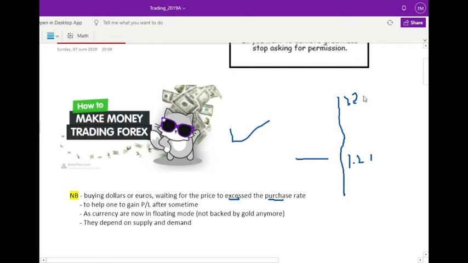When someone says I'm buying here, at this price, you are waiting for this price to exceed, so that when it goes to another liquid position, you end up selling, maybe at this price.